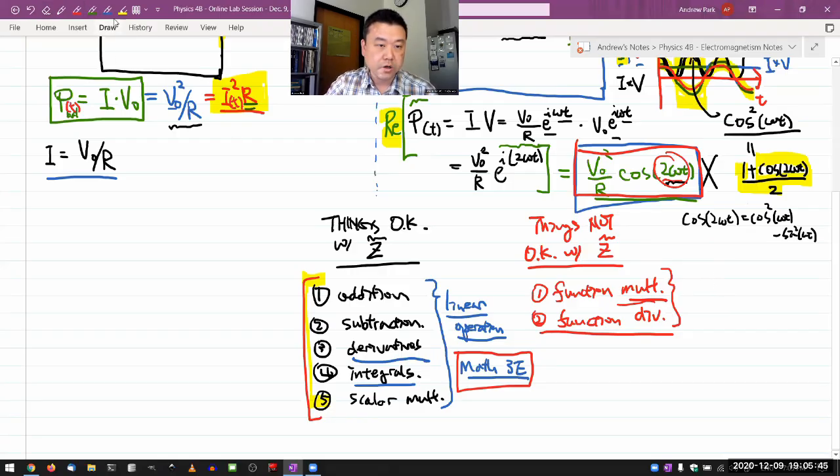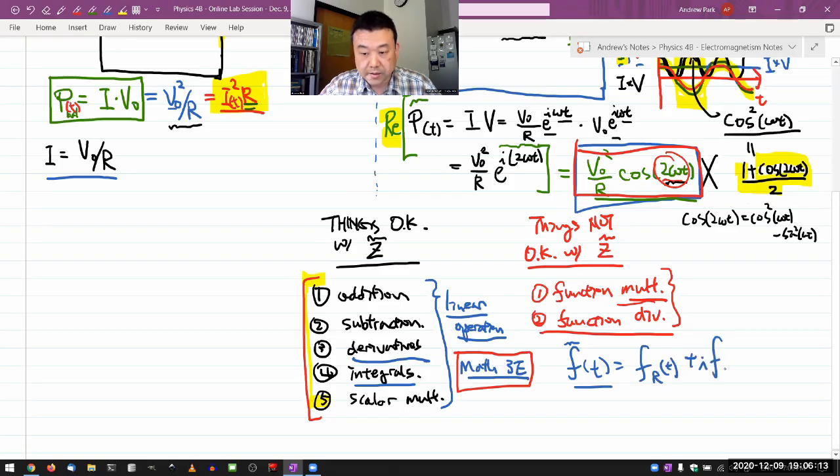Imagine you have a complex function f with a real parameter t as an input. Technically, I could represent it with the real part plus the imaginary part.